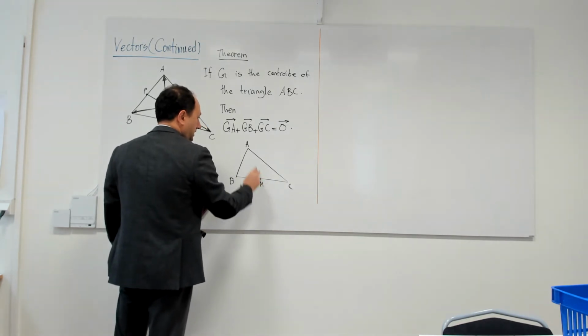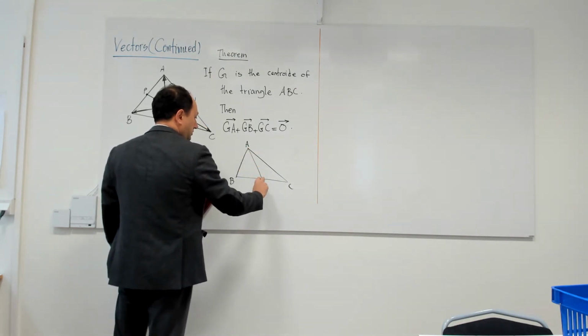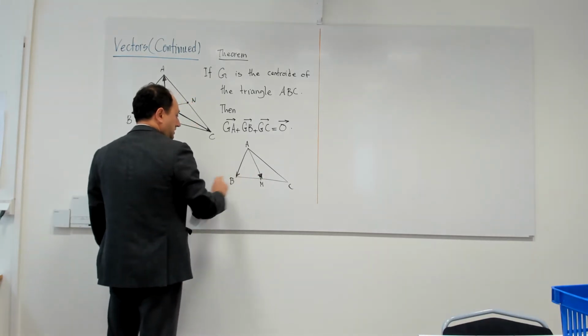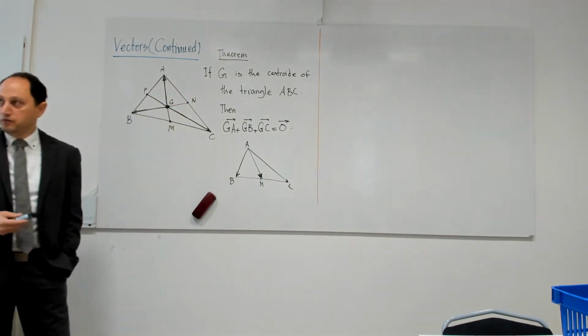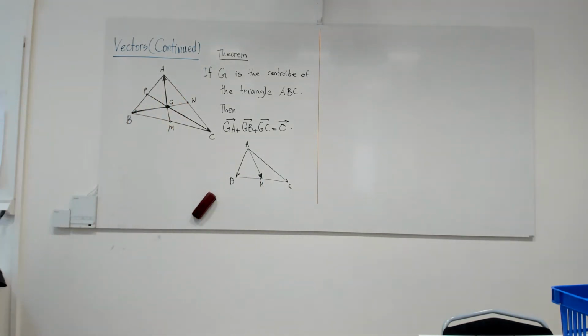If this is the median AM, if I consider this as a vector, and this as a vector, and this is a vector. Do you remember what was the relation? It was very famous. What was the relation for AM? AM is equal to 1 over 2 (AB plus AC). Yes, the sum of these two vectors, yes.